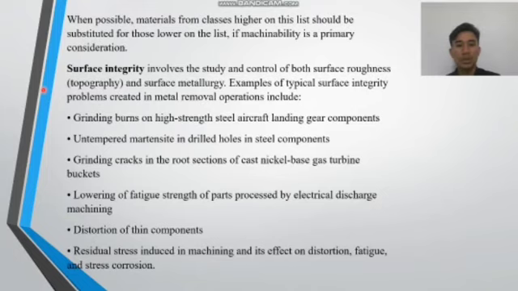Examples of typical surface integrity problems created in metal removal operations include grinding burns on high strength steel aircraft landing gear components, untempered martensite in drilled holes in steel components, grinding cracks in the root sections of cast nickel-based gas turbine buckets, lowering of fatigue strength of parts processed by electrical discharge machining, distortion of thin components, and residual stress induced in machining and its effects on distortion, fatigue, and stress corrosion.